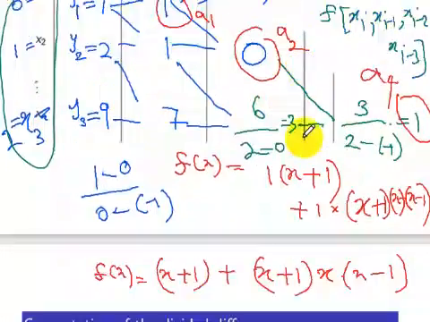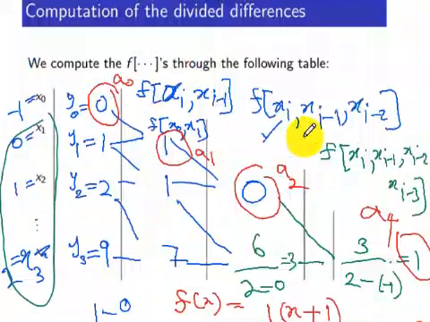How to apply, you just have to apply. So if you have a data set, then you can compute the Newton's divided difference polynomial. All right, see you in the next video. Bye.